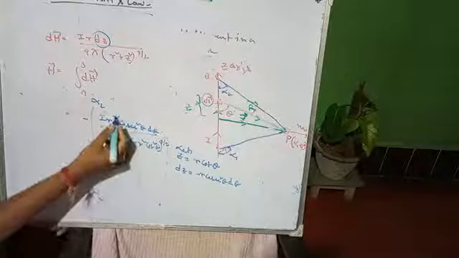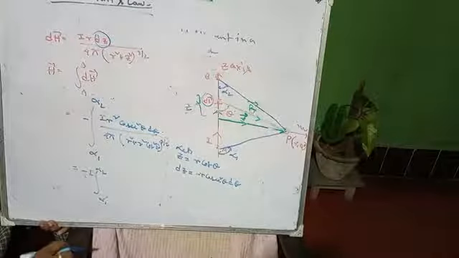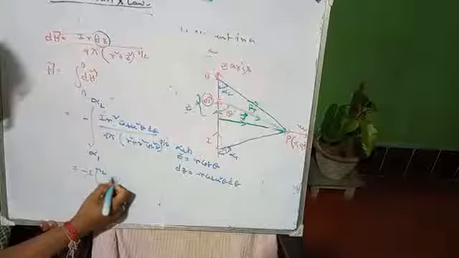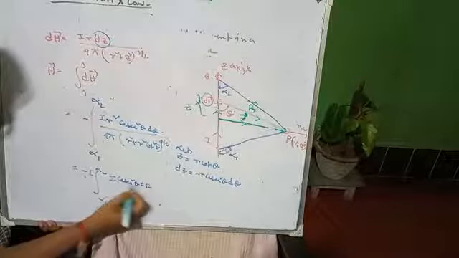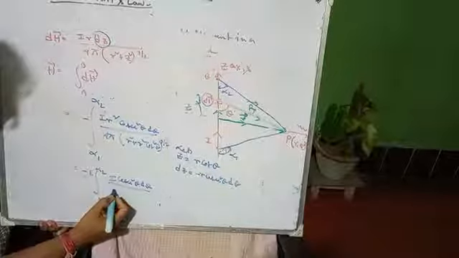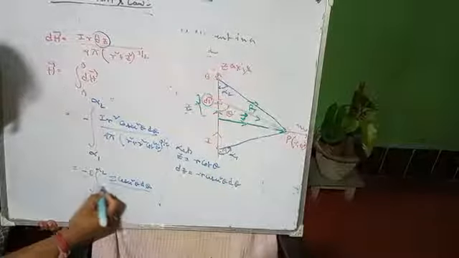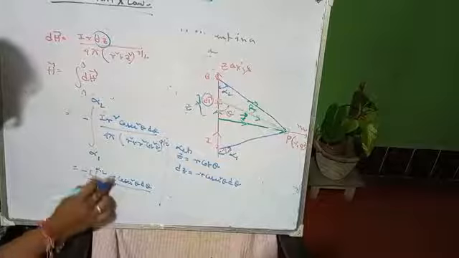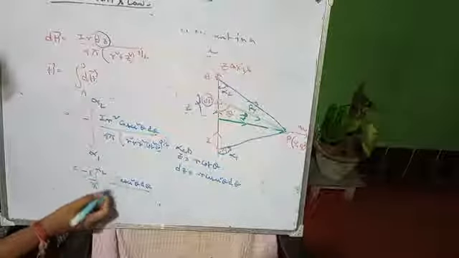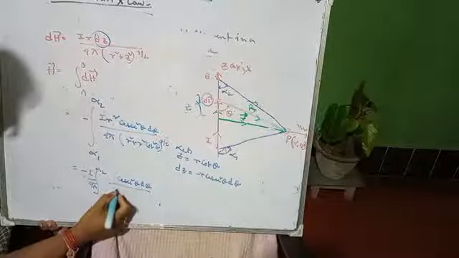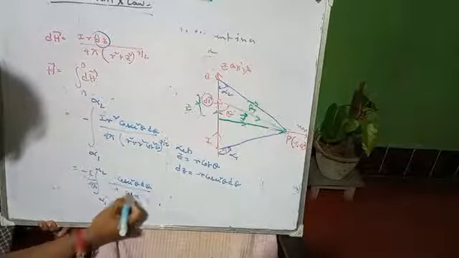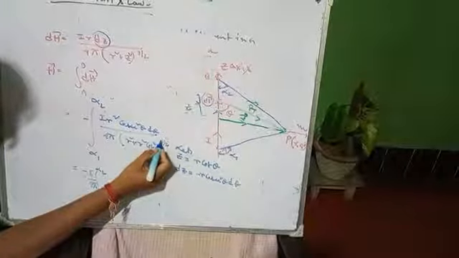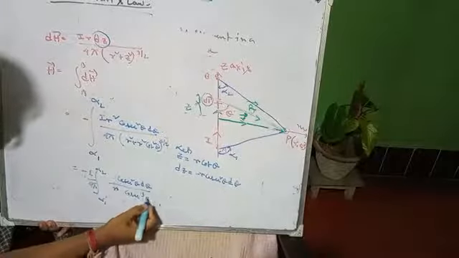So in the numerator there will be an r square. Ultimately you have I cosec square theta d theta divided by 4 pi r. And 1 plus cot square theta will be cosec square theta, but to the power 3 by 2 will come, so that means cosec cube theta.